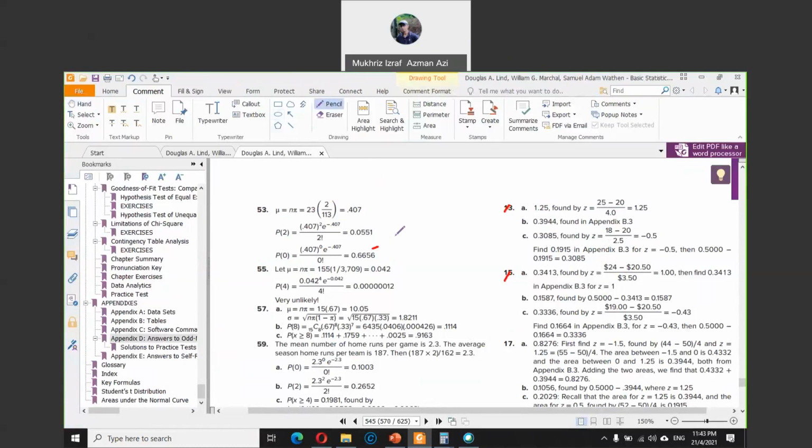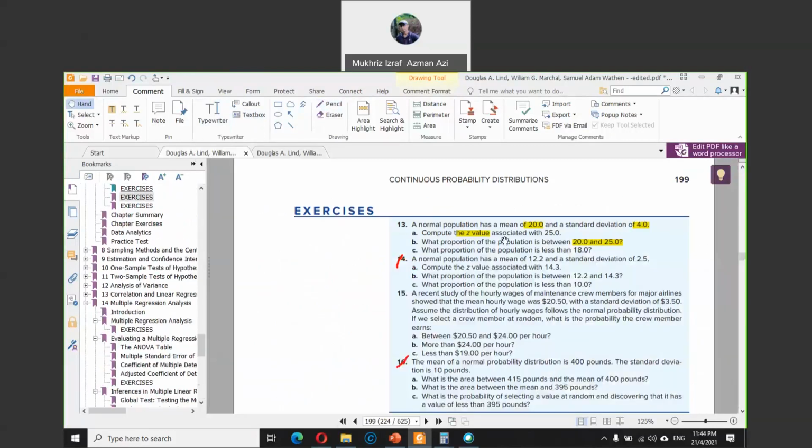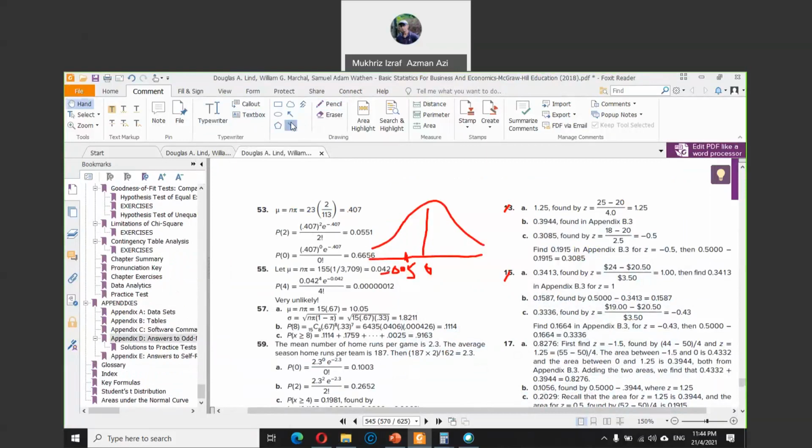If I were to draw this in the normal diagram, negative 0.5 will be somewhere here, correct? The question wants me to calculate less than 18. So if we mark this part, this will be the 0.5 line. So less than that will be pointing to the left, correct?